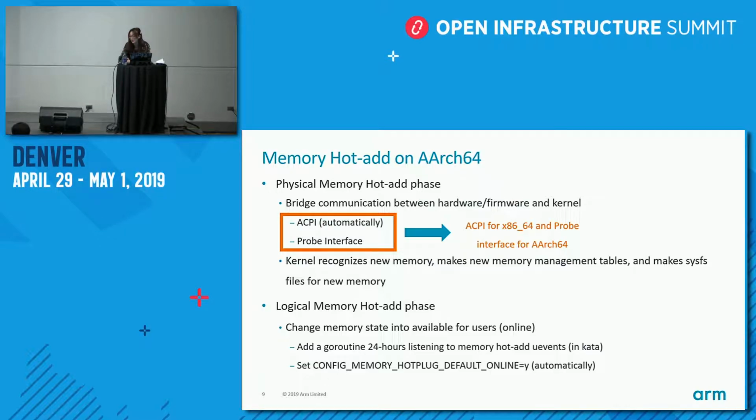But recently the community found an issue: if you hot-add a big chunk of memory, such as more than 120 gigabytes, the Kata agent will be OOM killed. So we have been forced to set the config memory hotplug default online in the guest kernel config, to automatically online these newly added memory devices.